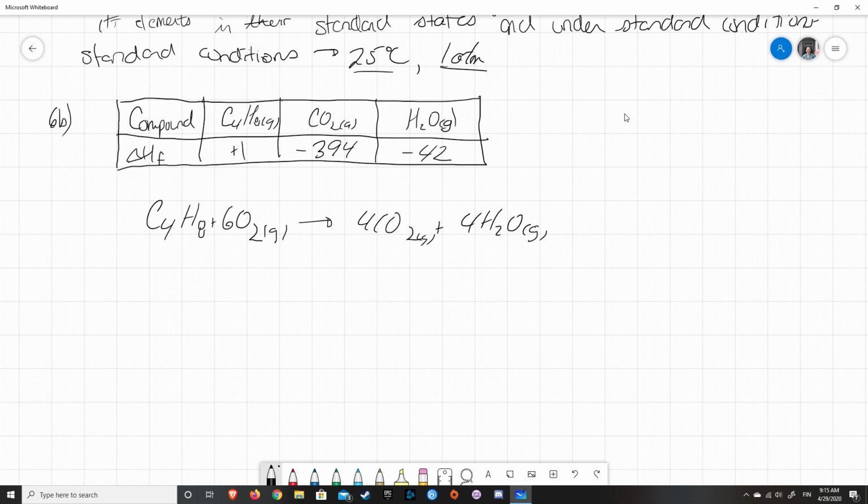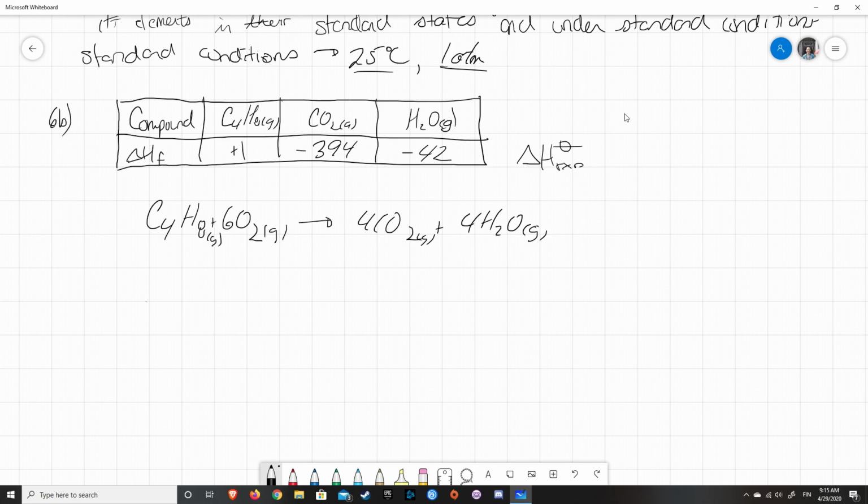Okay, so let's talk about what it wants. It says, use this information to calculate the enthalpy change for the complete combustion. So now we need to calculate delta H of reaction.